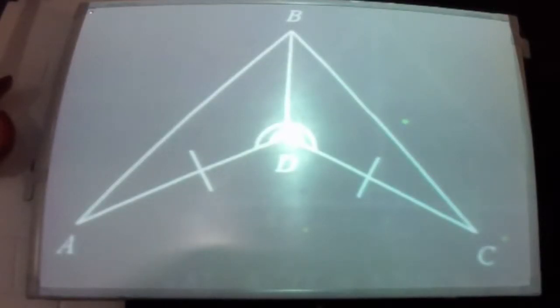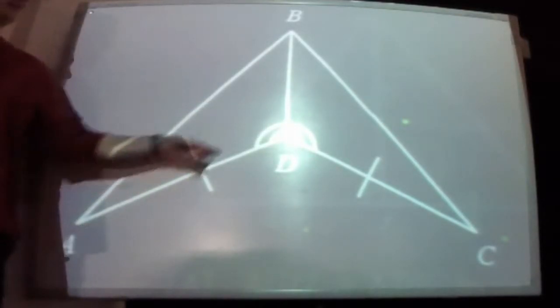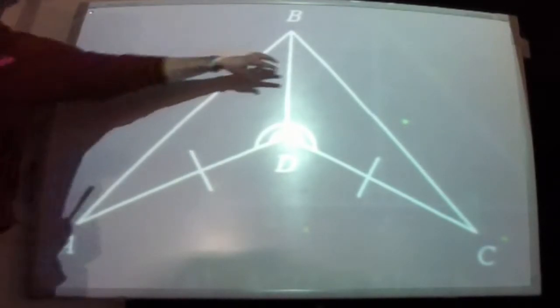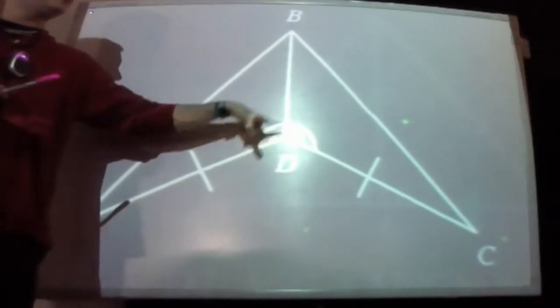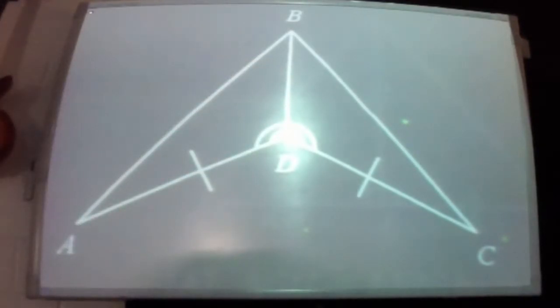Let's just figure out what we got first. We definitely have a pair of sides, one angle, so we got side, angle. What do we know that's not marked? The shared side. So you got side, angle, side. So we're looking for SAS, side, angle, side.